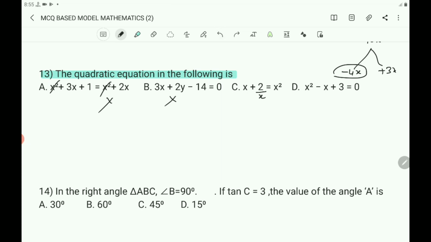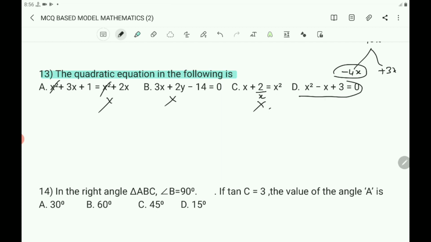So if you want to bring this to the form of a quadratic equation, the LCM becomes x, and the numerator becomes x square plus 2, and here x into x square becomes x cube. So it is not a quadratic equation.